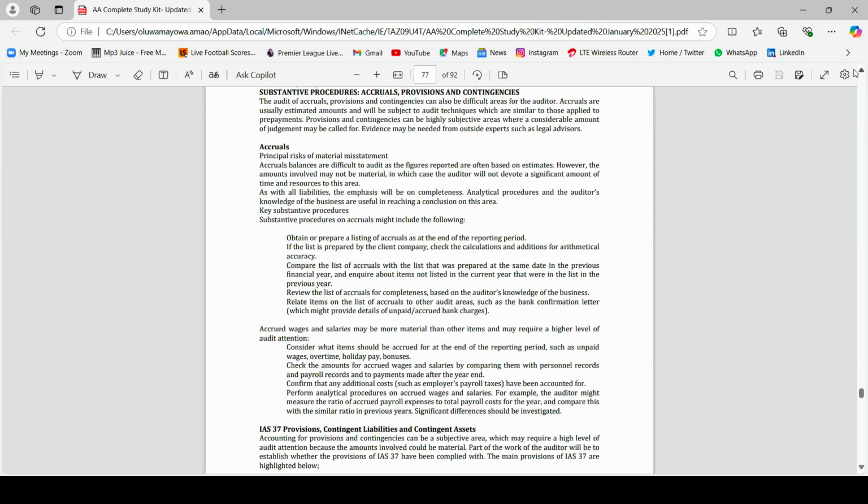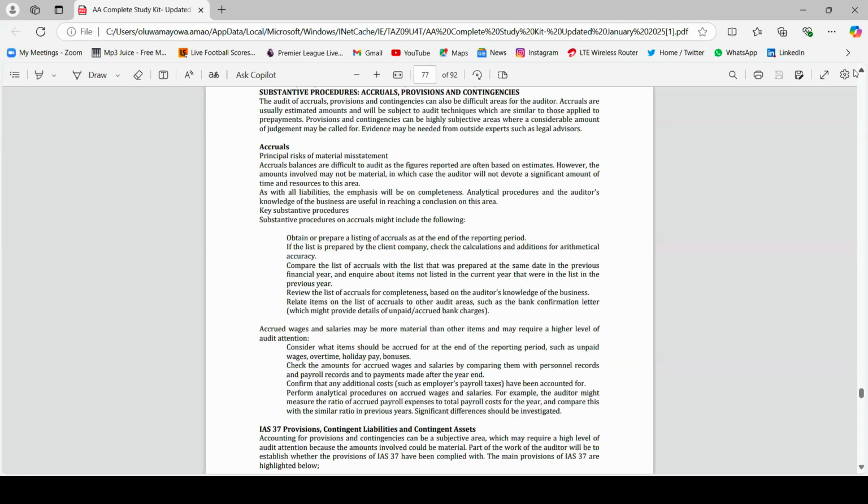If you are using reducing balance, or the straight line method, whatever, you are estimating that this asset will be depreciated at a 5% rate. So you are calculating based on estimate. Because there is a bit of estimate around it, it might not be the actual thing that is happening in reality. So anytime you have an estimate, the auditor wants to be careful that there is no overstating or understating of the estimate.